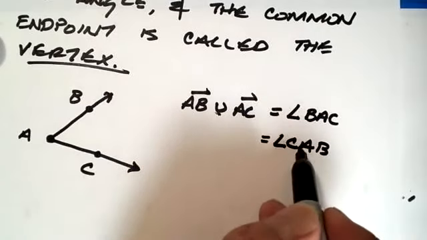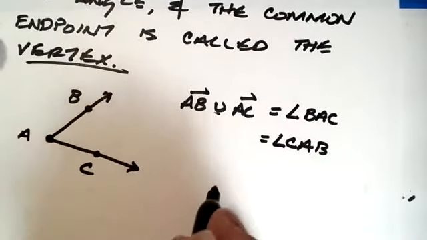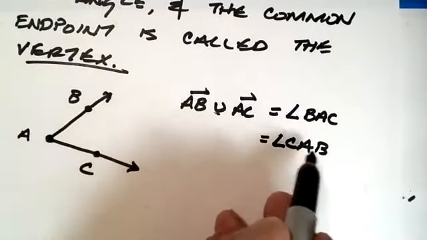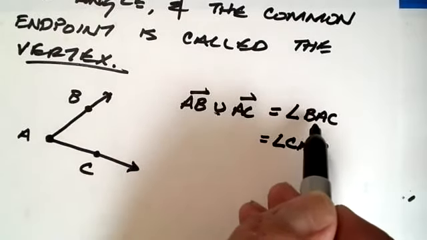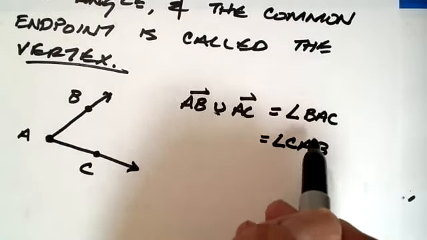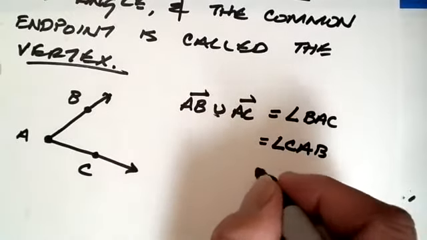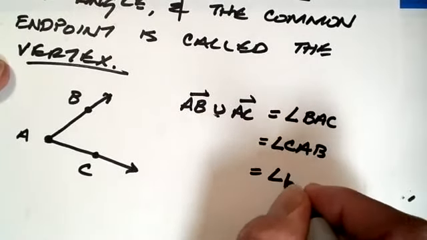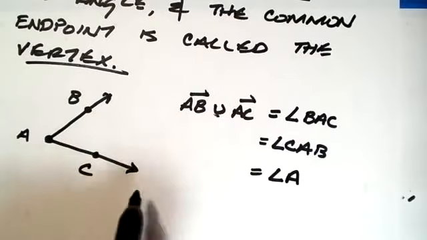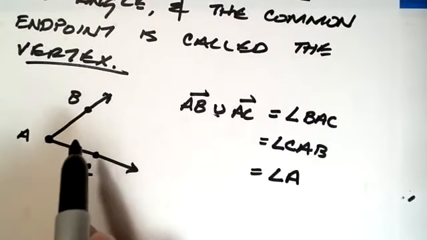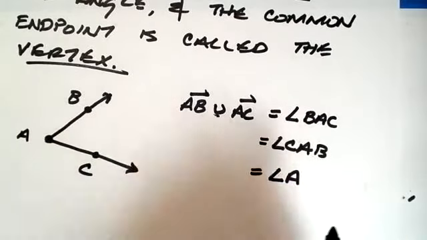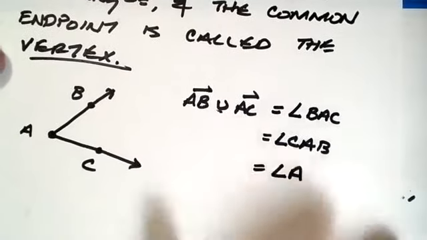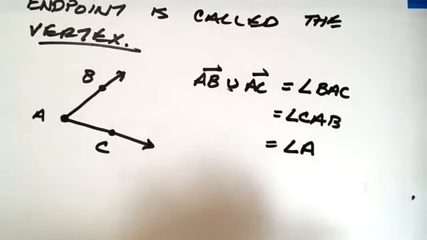In fact, you can see right here that it seems to be commutative. It doesn't matter which way we label these, just as long as the vertex is in the middle. And sometimes we will use the simplest notation, which is just angle A, if it's understood exactly what we're talking about. Now, if we need some specifics, then we add the extra letters. Now, in geometry, this is sufficient.